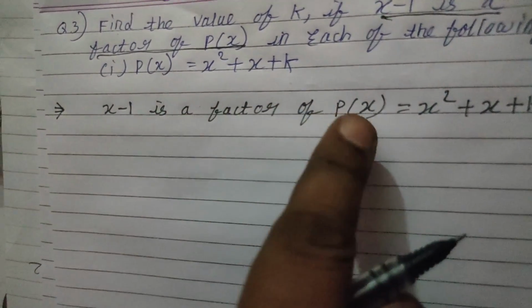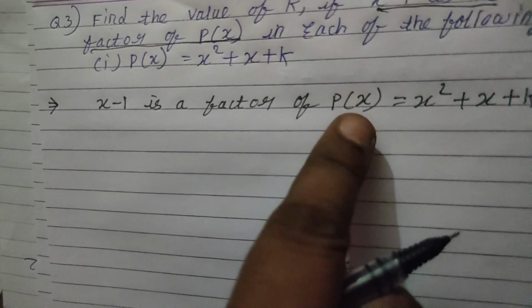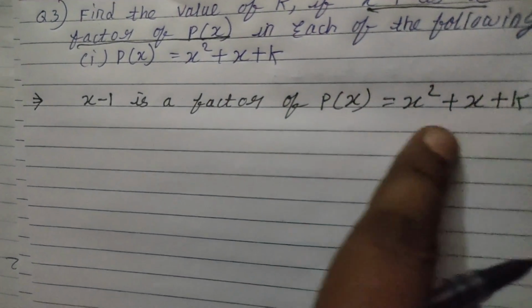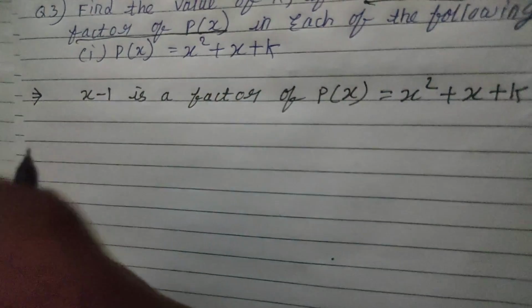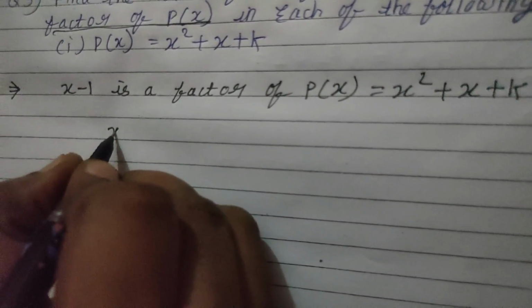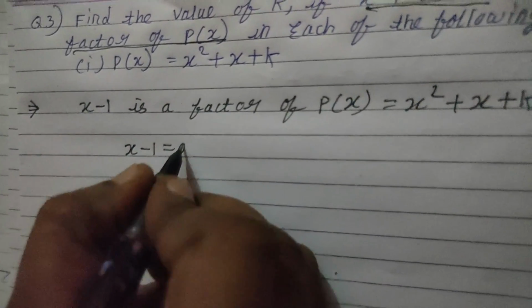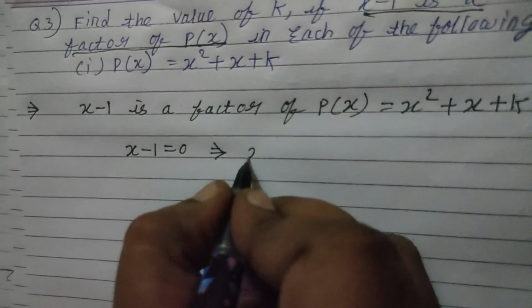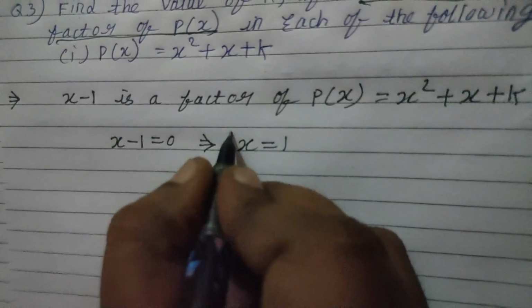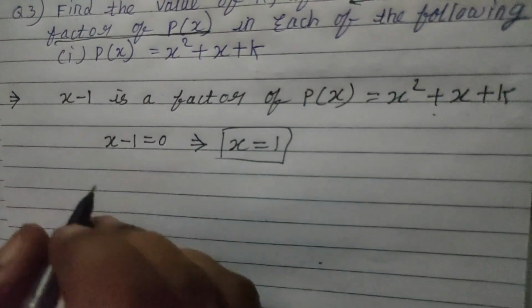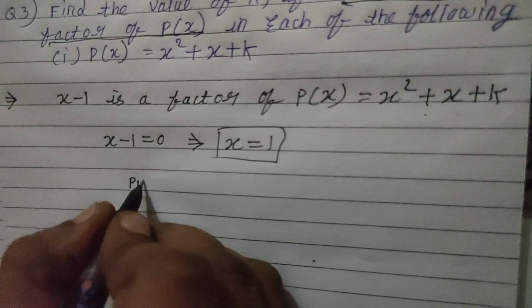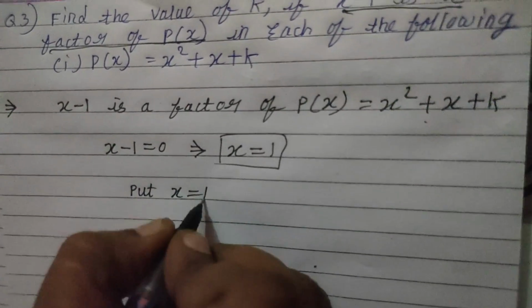After putting the value of x here, this value will become 0. So x minus 1 will be equal to 0. That means x value will be equal to 1. Now I will put this value in the given polynomial. So put x equal to 1.